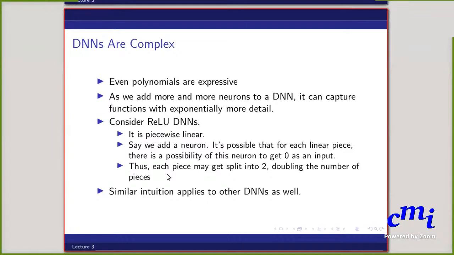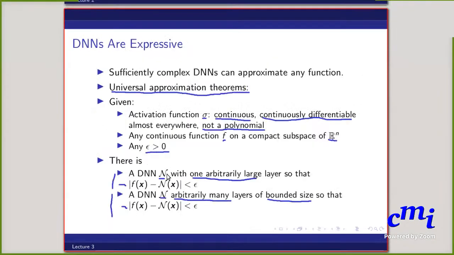Right. So there's another theoretical way of looking at a property of this class of functions, the neural network, which is from a complexity point of view. Even for polynomials, you have these universal approximation results, right?